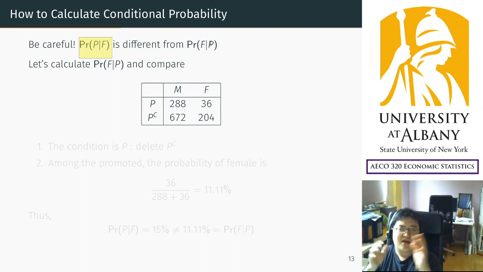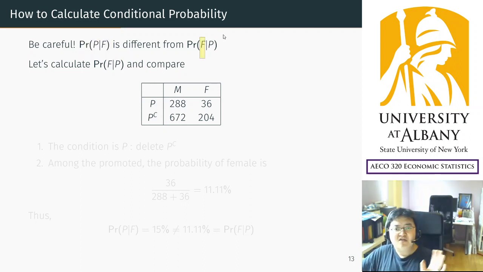I explained the difference. F, the latter event, is the condition, and the first event is the main event of our interest. So the randomness is coming from the main event because the condition is already assumed to happen. So it happens with 100%.